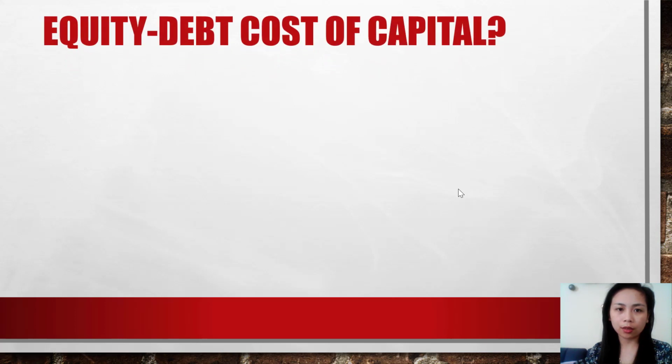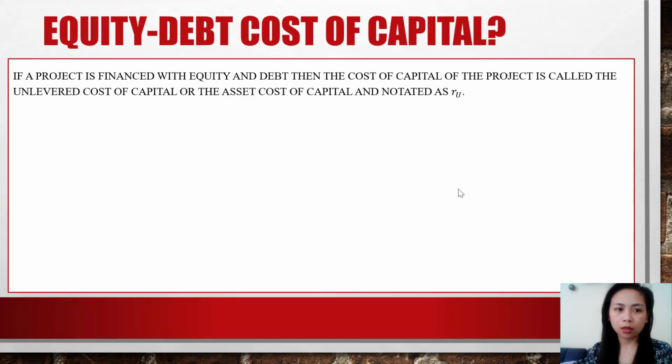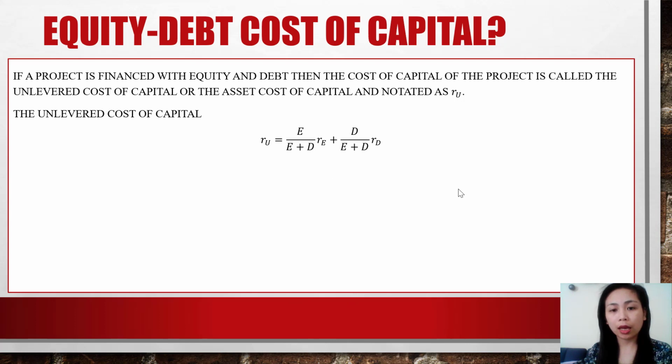Now let's consider the cost of capital with equity and debt. If a project is financed with equity and debt, then the cost of capital of the project is called the unlevered cost of capital, or the asset cost of capital, and notated as RU. The unlevered cost of capital, RU, here is the weighted average of the cost of capital for equity and for debt.